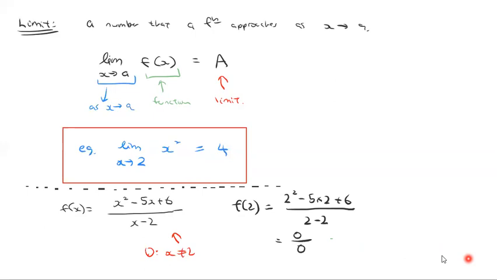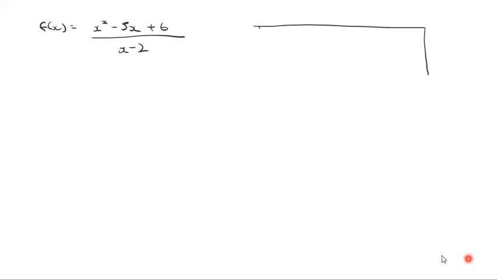So let's use a calculator. If we've got f of x equals x squared minus 5x plus 6, all over x minus 2, let's do a table of values to demonstrate the point for the moment.